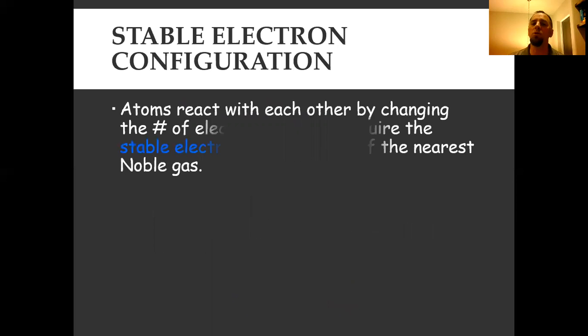So we want a stable electron configuration. What I mean by a stable electron configuration is that atoms react by changing the number of electrons that they have. They want to have a stable electron configuration, which we know the noble gases are not very reactive because they have a full set of valence electrons.